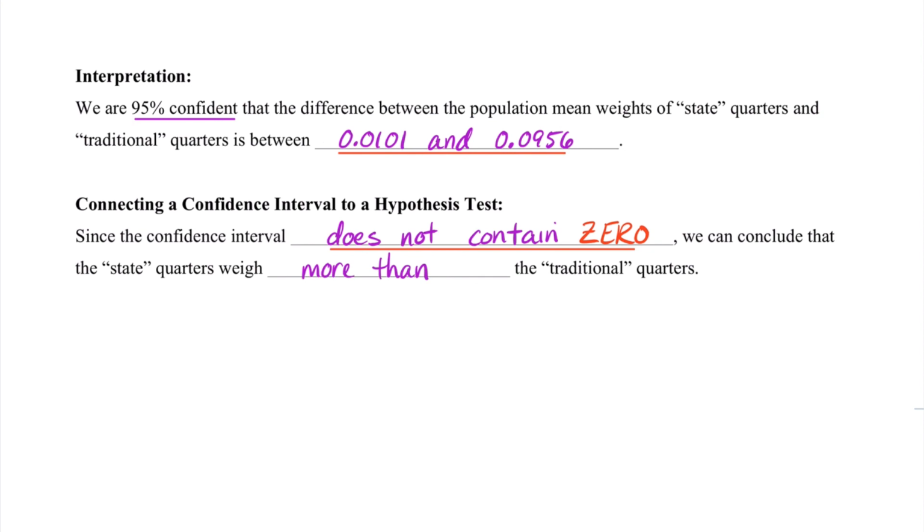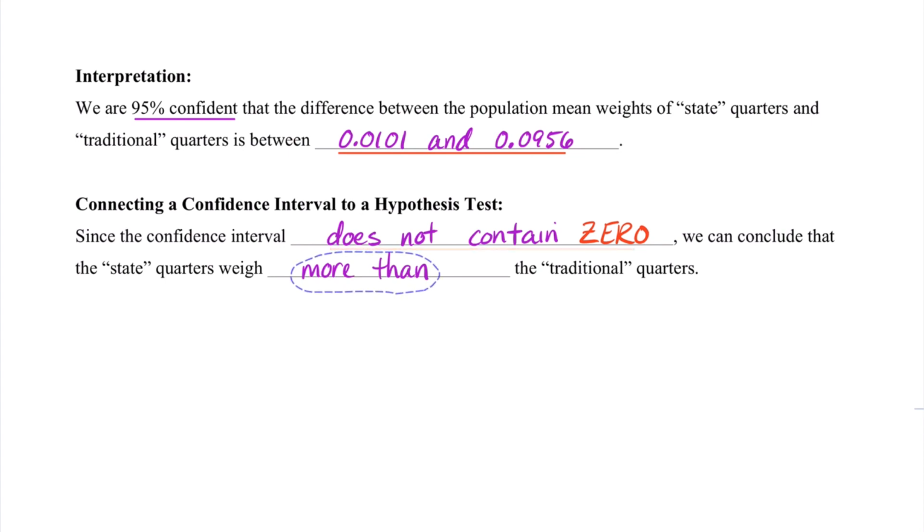So we're 95% confident that the difference between these mean weights is not 0, and that's how we're able to conclude that state quarters weigh more than traditional quarters. That is, in general, if we're constructing confidence intervals about the means of two different populations, and those confidence intervals do not contain 0, then that is evidence to conclude that there is a difference between the two populations.